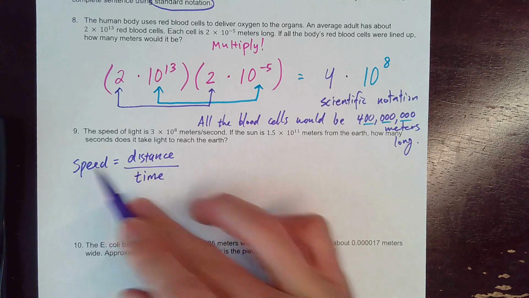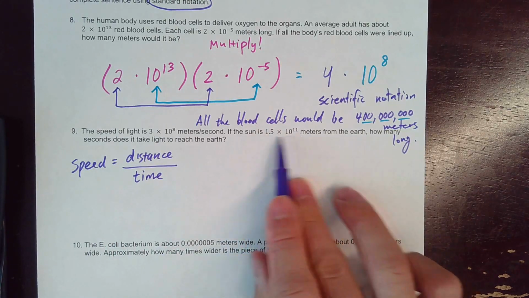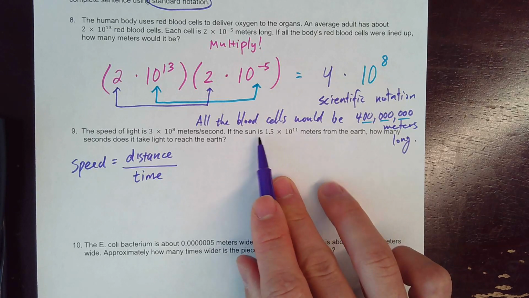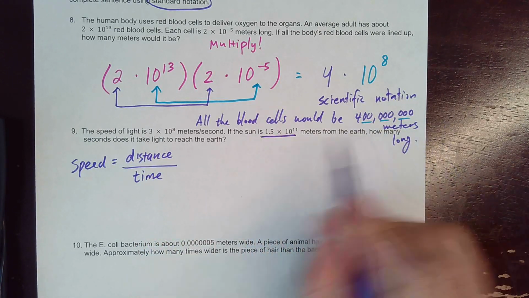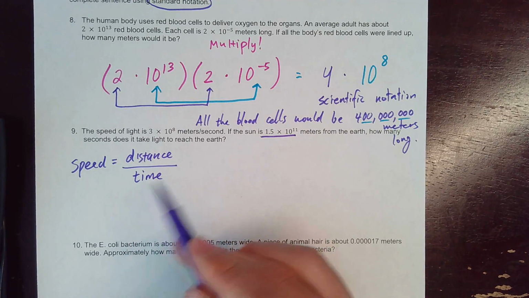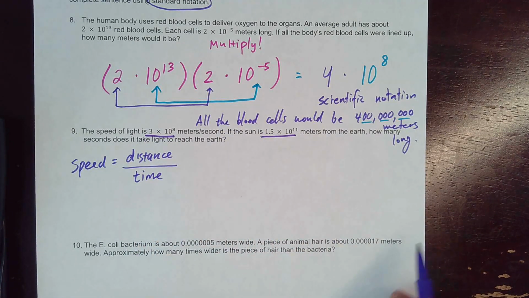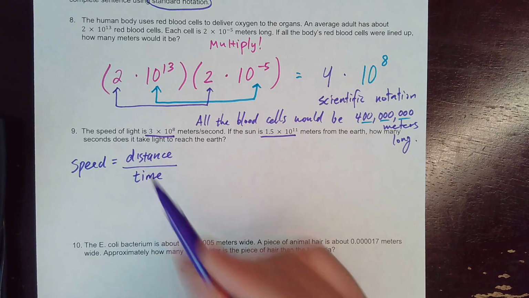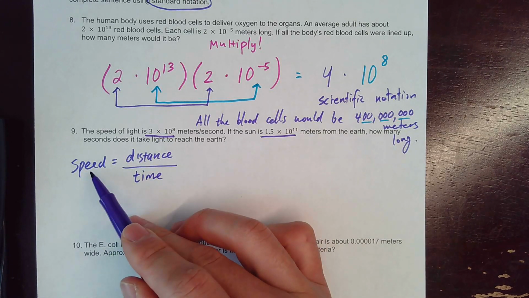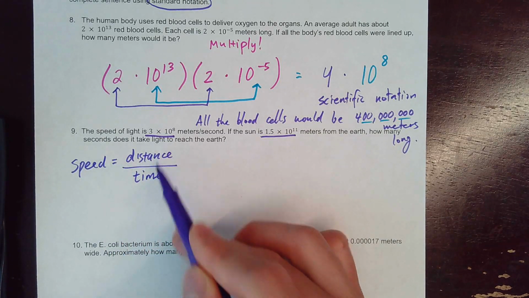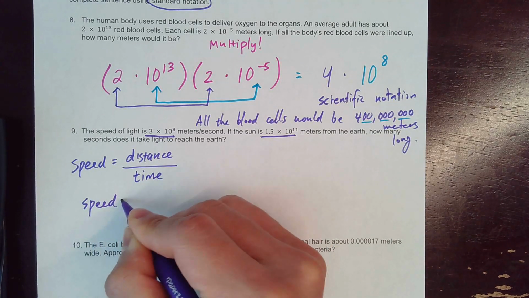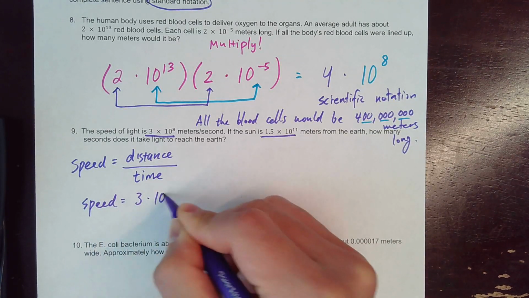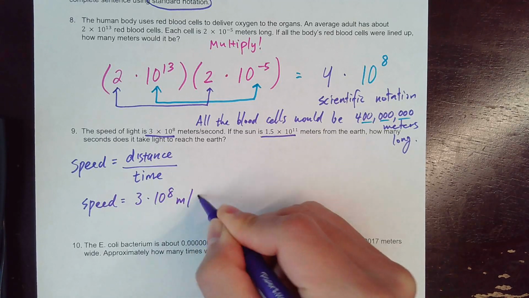They give us a speed. They also tell us the distance the sun is from the Earth. They tell us the distance, and they don't tell us the time, right? So this is a perfect example of you have to understand that speed is always equal to your distance over time. And in this case, your speed is going to be 3 times 10 to the 8th meters per second.